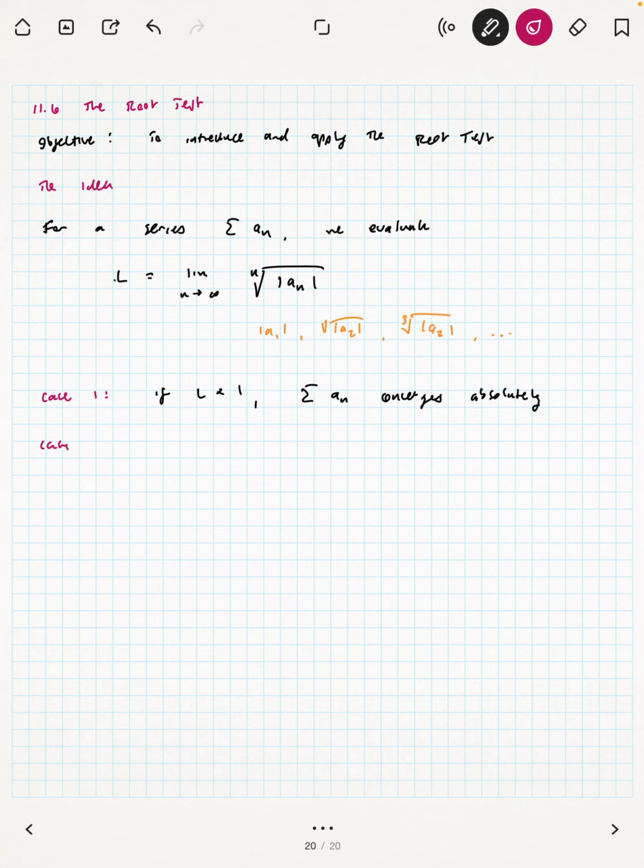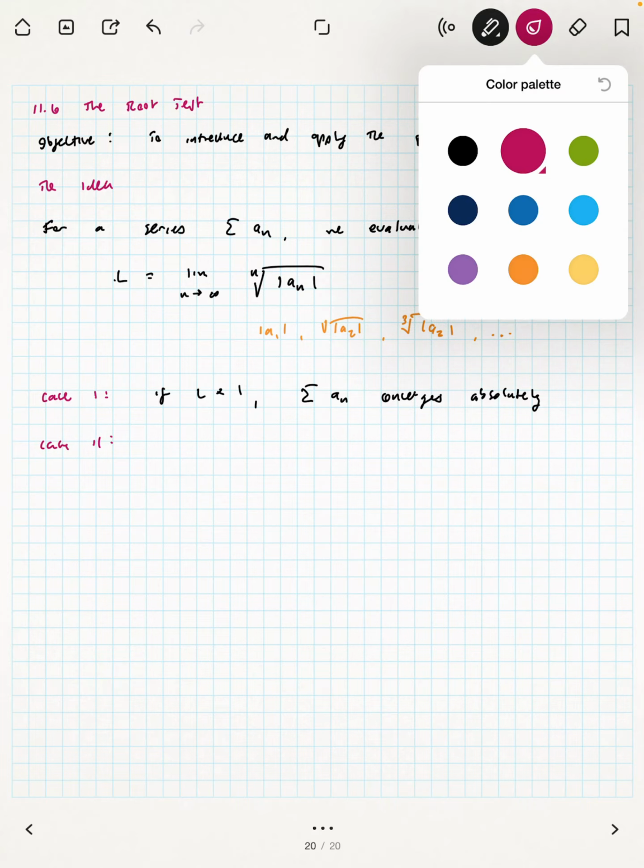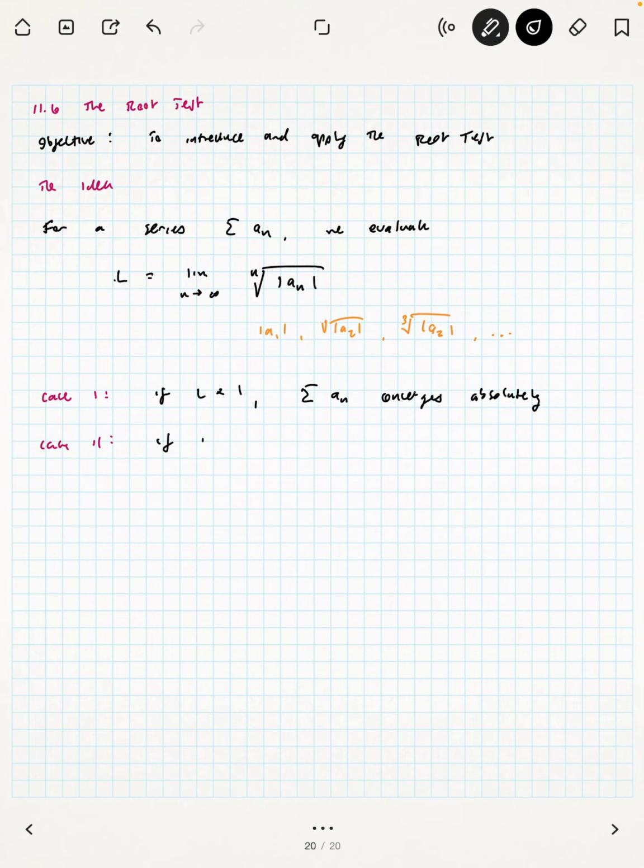So as long as this limit exists and is less than 1, this converges absolutely. If the limit is greater than 1 or is infinite, then the series diverges. Not even converges conditionally, just diverges.